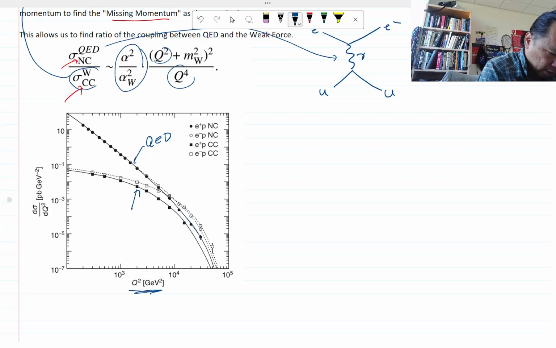And then you can see that this is actually through the weak force. And they have completely different shapes because of this ratio between the alpha of the electromagnetism and the alpha from the weak interaction.